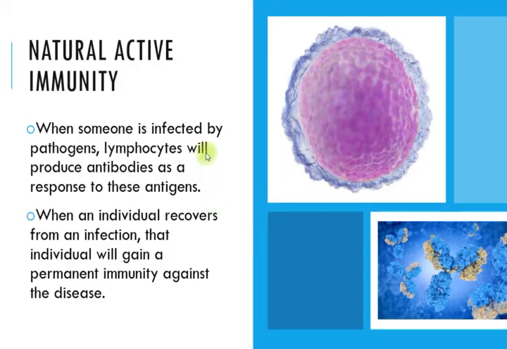Now let's look at the first type of active immunity, which is natural active immunity. When someone is infected by pathogens, lymphocytes will produce antibodies as a response to the antigen.